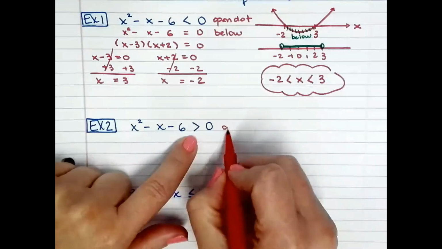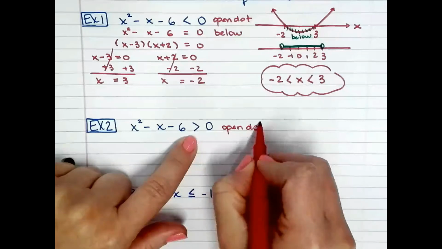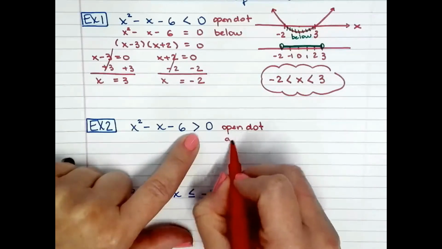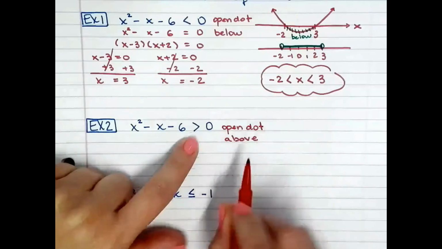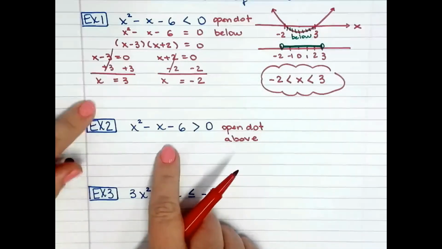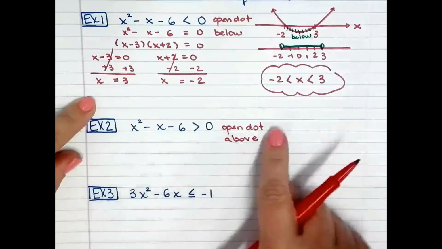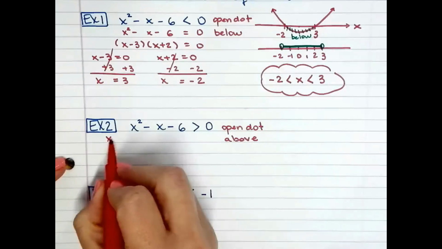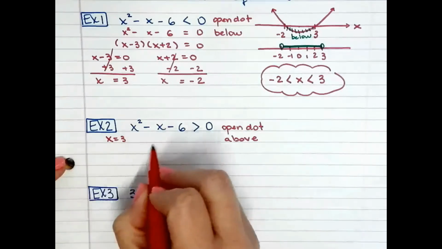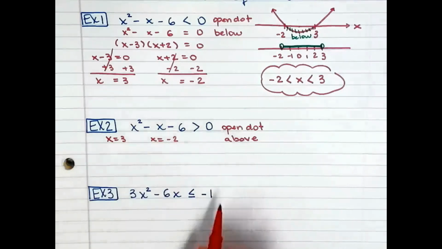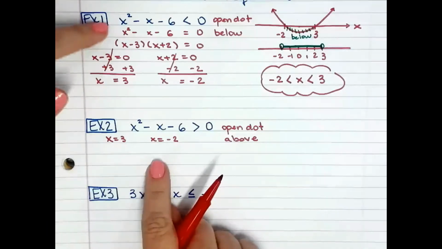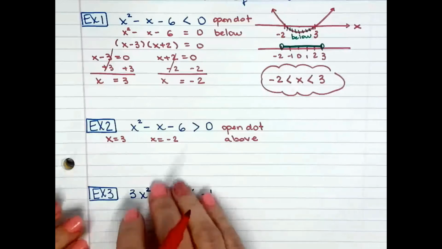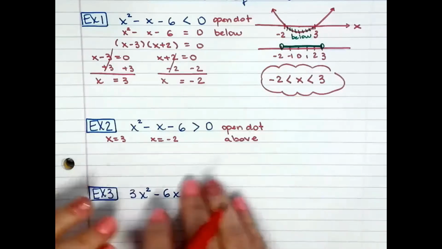It's still open dot, but it's greater than, so we need to shade above. I already know from the other question that my answers should be between 3 and -2. Okay, so if we didn't, we would have to go through the whole process. Okay, and that's fine. We already know how to do that. I just want to get to the bottom line.